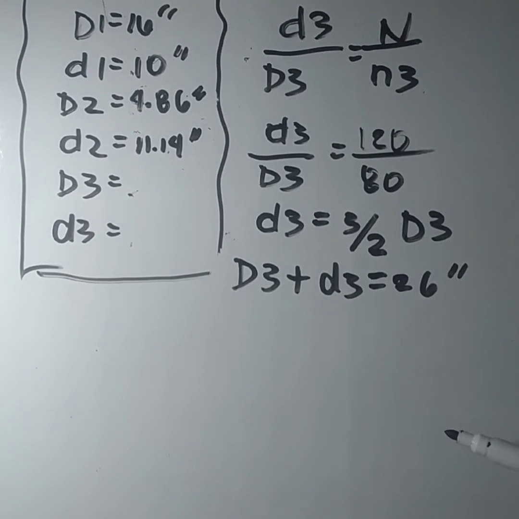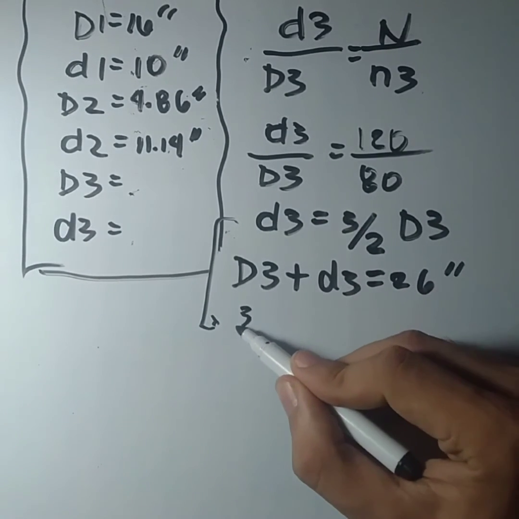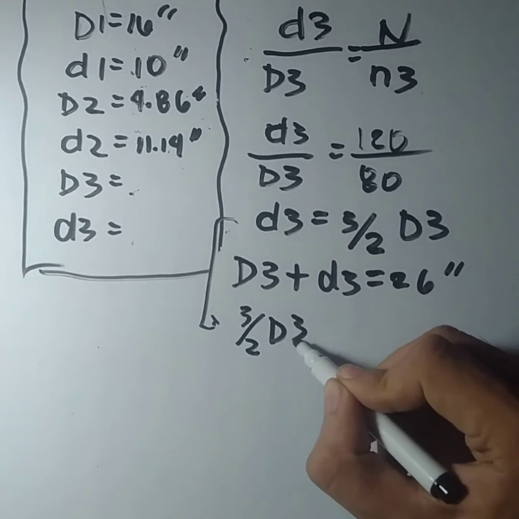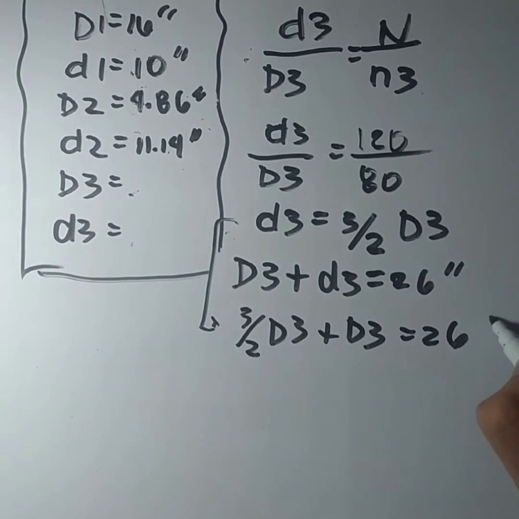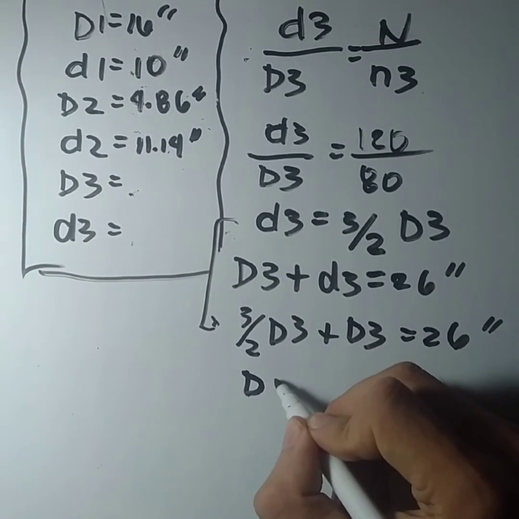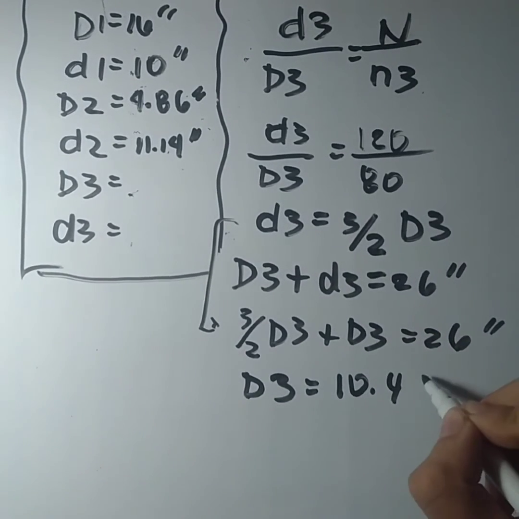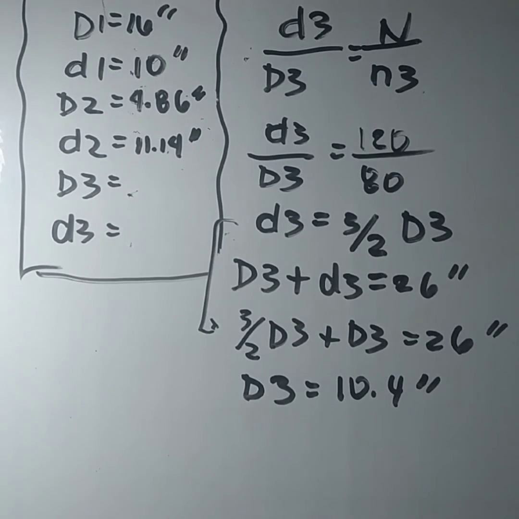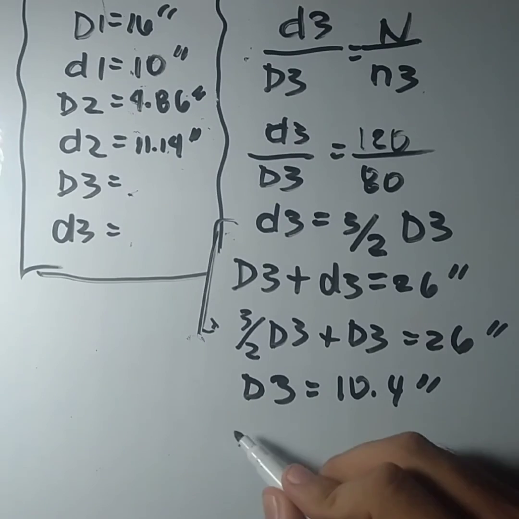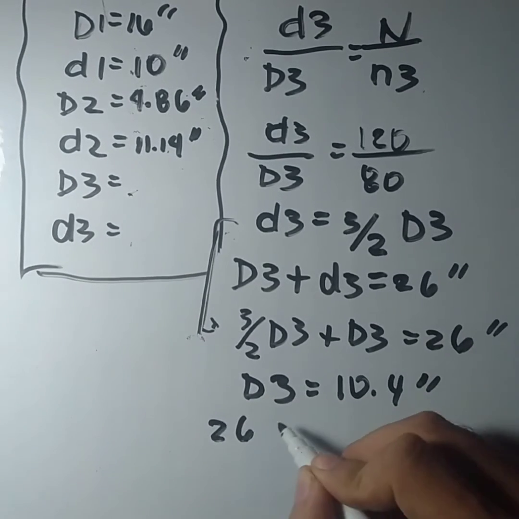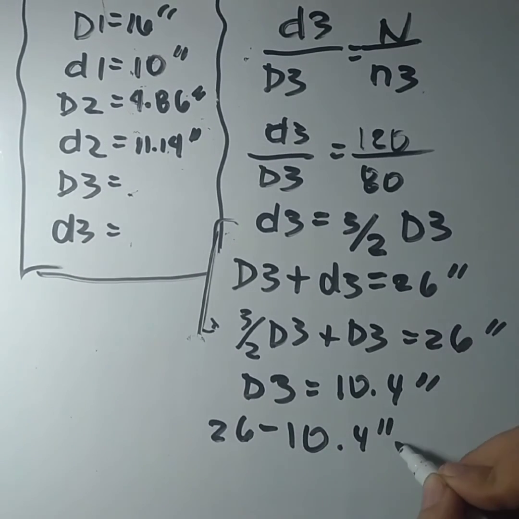And, from this equation, we can get 3/2 D3 plus D3 is equivalent to 26 inches. By shift solve, we can get the value of D3 of the driver that is equivalent to 10.4 inches. And from this equation, or para mas madali, i-minus na lang natin sa 26 tong value para makuha ang ating D3 for our driven shaft.